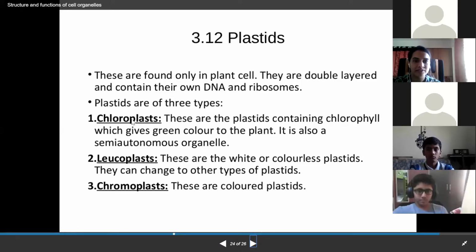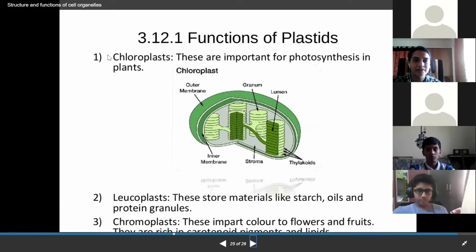Chloro, like the word suggests, means it contains chlorophyll. The green pigment chlorophyll is contained in the chloroplast. Leucoplast is white or colorless, and chromoplast gives color to the cell. Chromo means color. All right, so chloroplasts are for photosynthesis, leucoplasts are colorless.